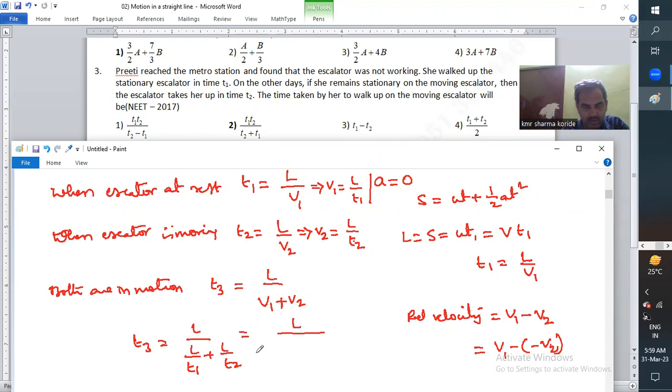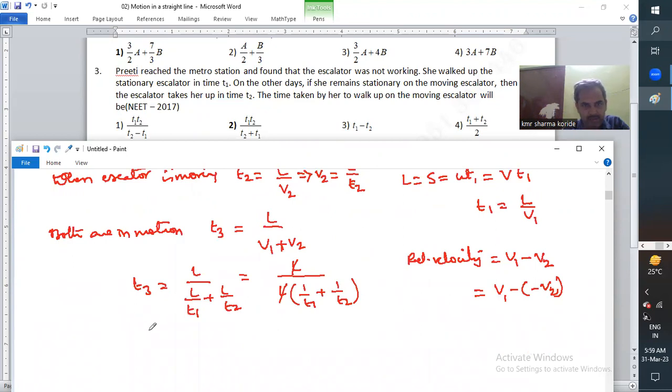Take out common L, 1 by T1 plus 1 by T2. So L and L get cancelled. T1 and T2 will be the LCM. T3 is equal to T1, T2 LCM. So that will straight away go up. T1, T2 by T1 plus T2.